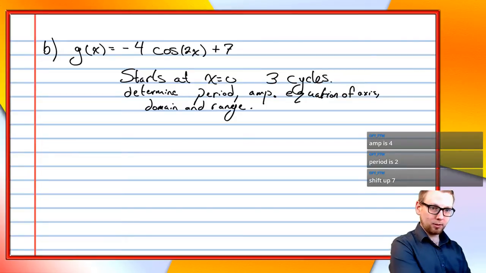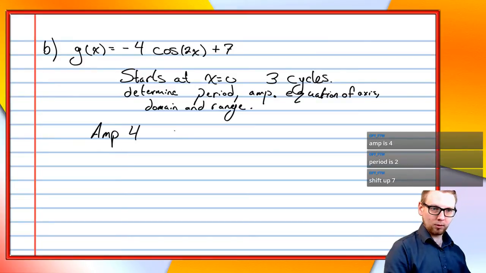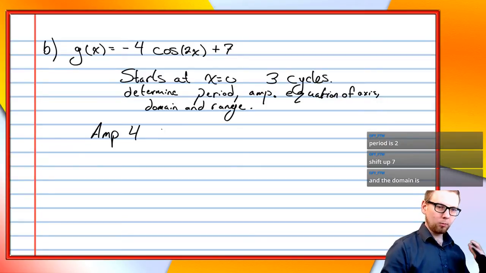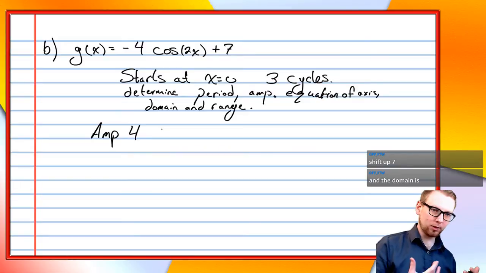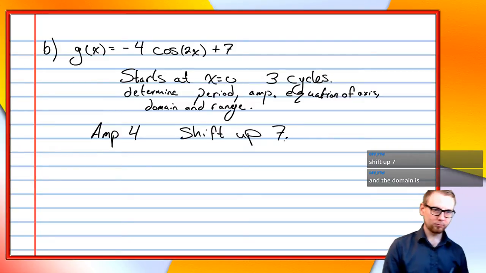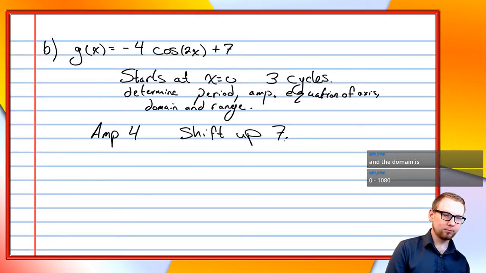So amplitude is 4, yep. Period is not 2. Remember, what is the period of a regular cosine function? Your shift up is good. So hold up.